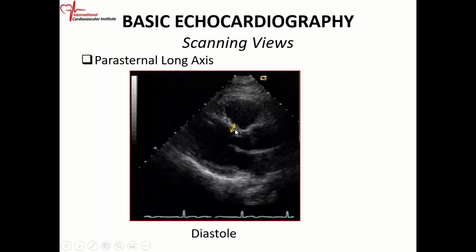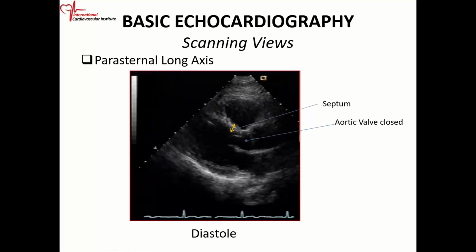So at the tip of the mitral valve, we measure the septal thickness in diastole. You can see that it's a diastolic frame because the aortic valve is closed and the mitral valve is open. And if you look at your ECG, the marker is beyond the T wave, going towards the QRS complex.